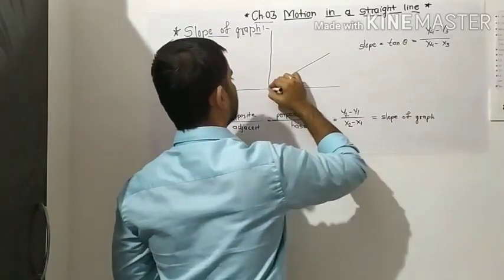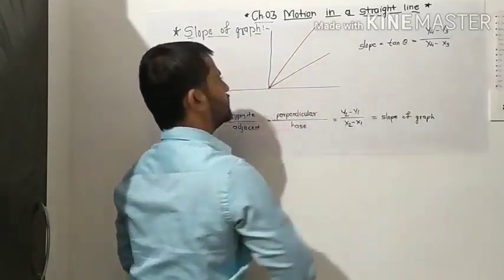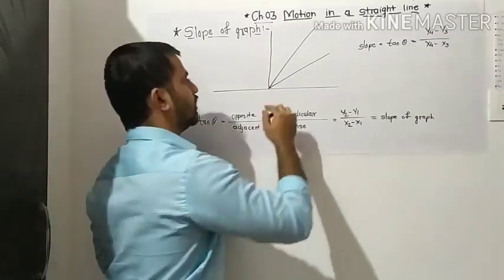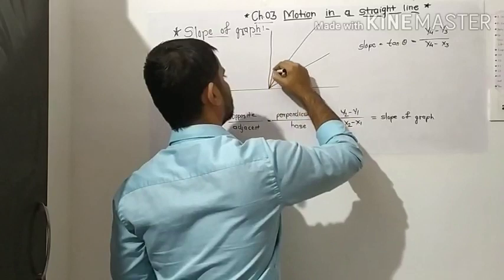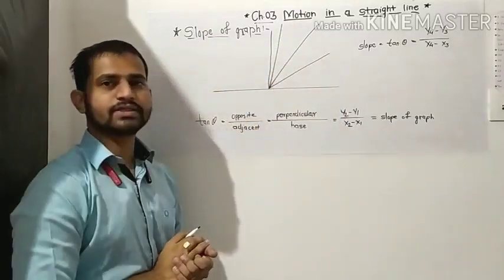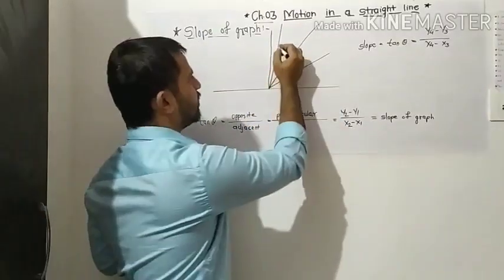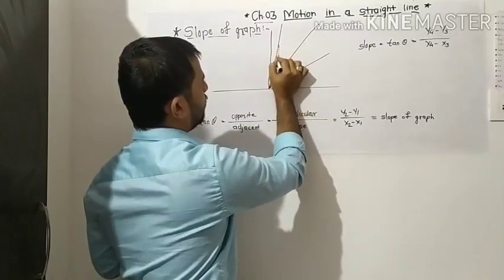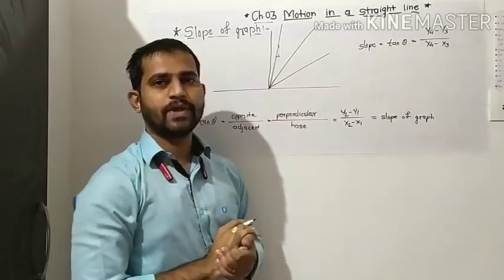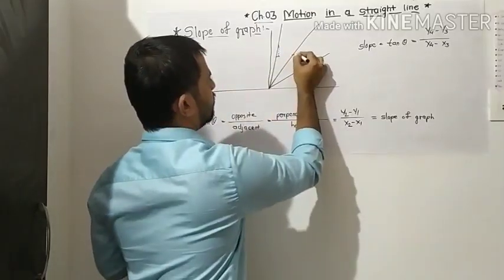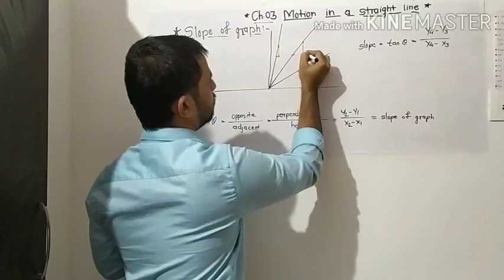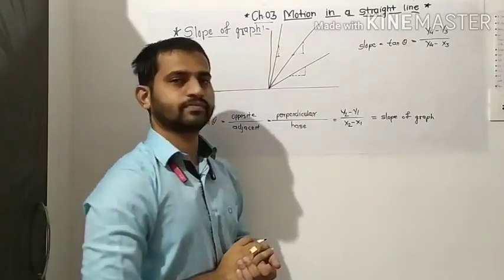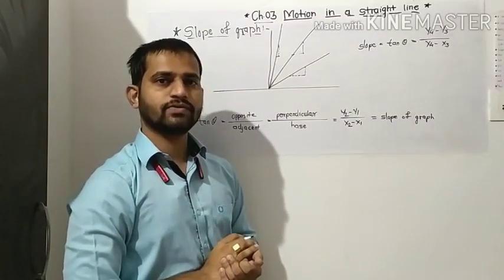Then if I have to find the slope of this line, I will also go by the same way. I will draw one perpendicular from any point on this line, and I will draw one base.